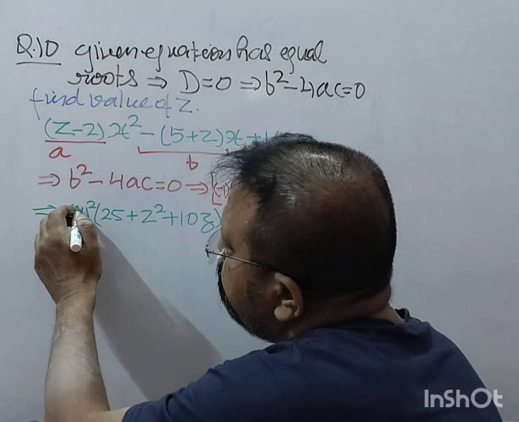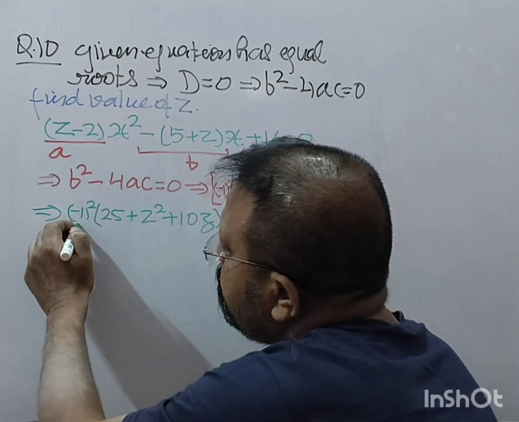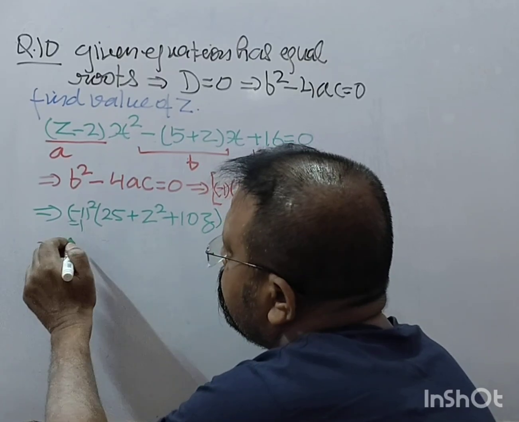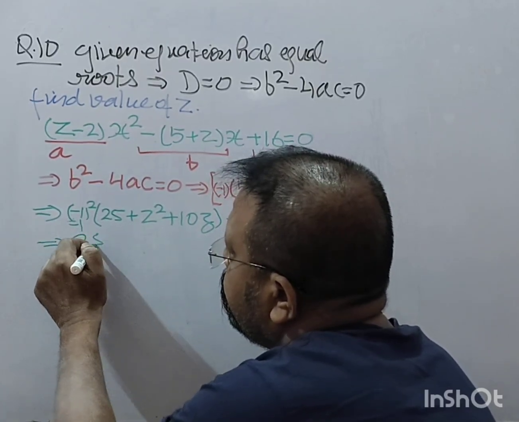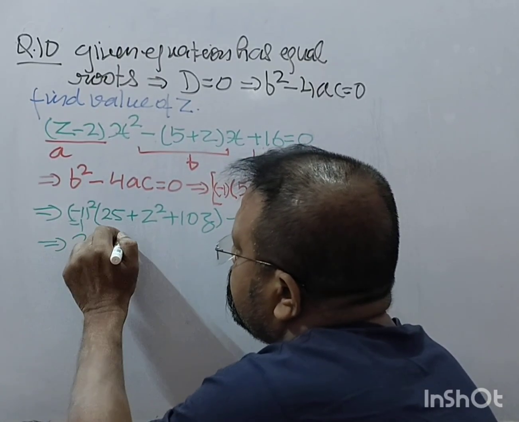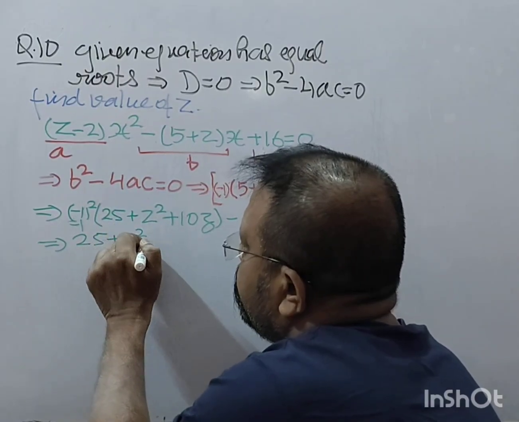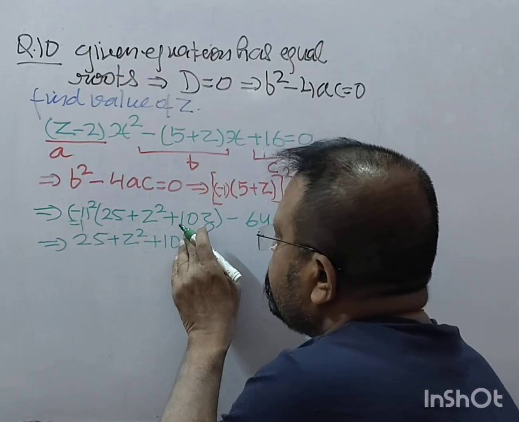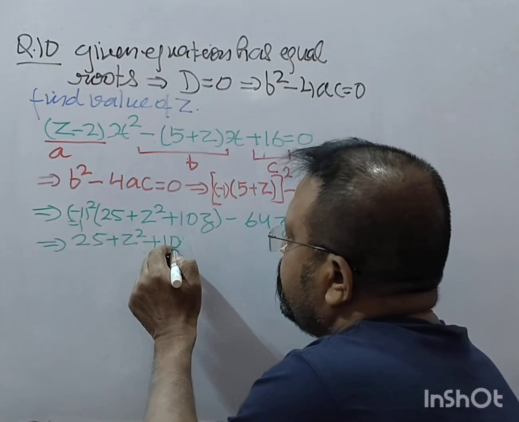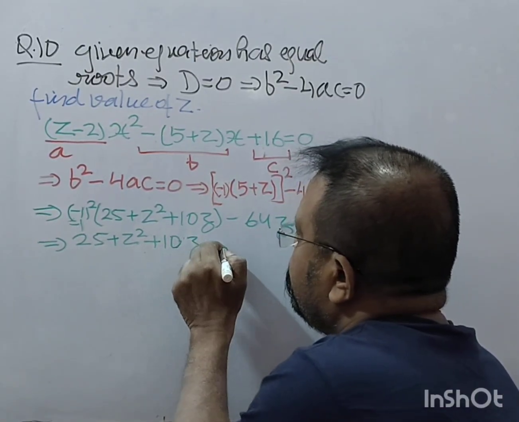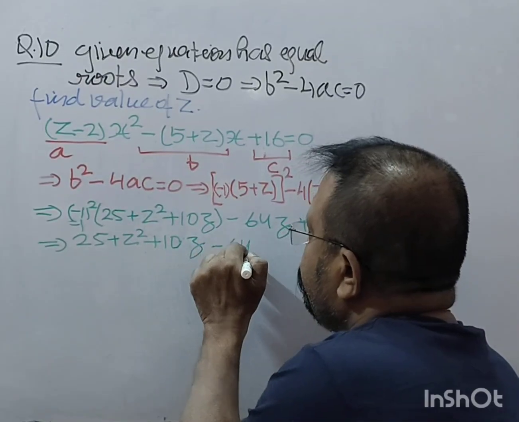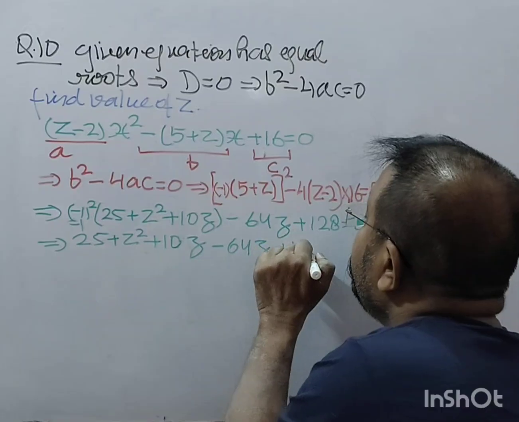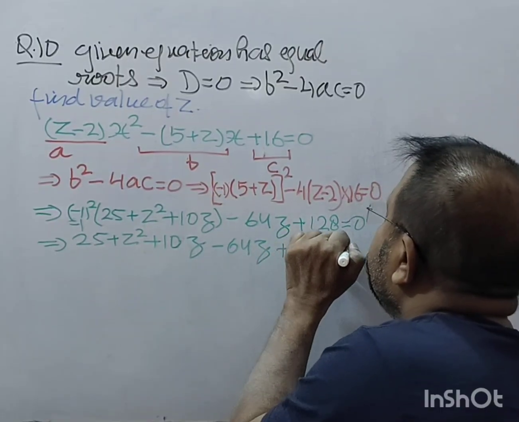So finish. Now we have 25 plus z square plus 10z plus 10z minus 64z plus 128 is equal to 0.